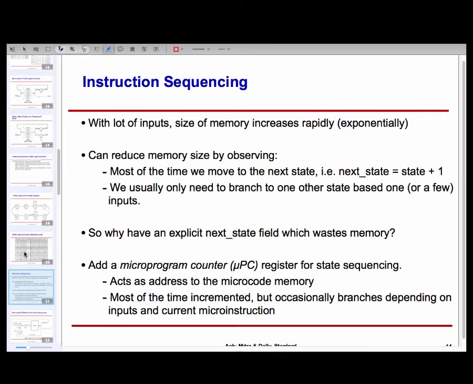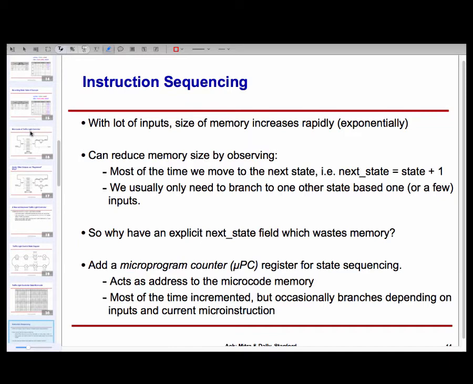The issue that begins to happen is, if you see the size of the memory, going back a few slides, it said the number of bits in the memory is 2 to the power (s plus I) times (s plus O). S was number of state bits, I was number of input bits, O was number of output bits.